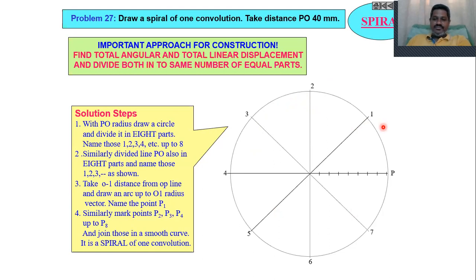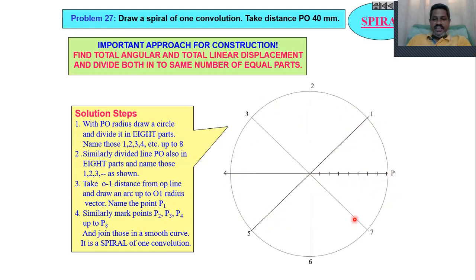After dividing the circle into a convenient equal number of divisions, divide the radius also into the same number of divisions. In this case, we have divided this circle into 8 equal divisions, so I am dividing the radius of the same circle into 8 equal divisions.